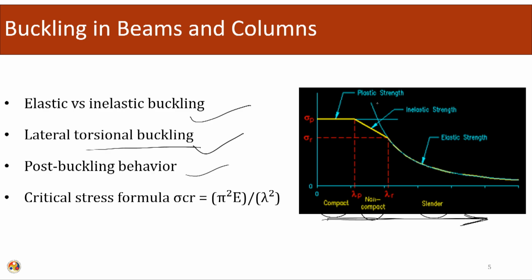If it comes out of a particular value, it will follow the Euler-Bernoulli buckling criteria, and above that the section will behave as a compact section. So, this is the critical stress equation for the buckling in beams and columns.